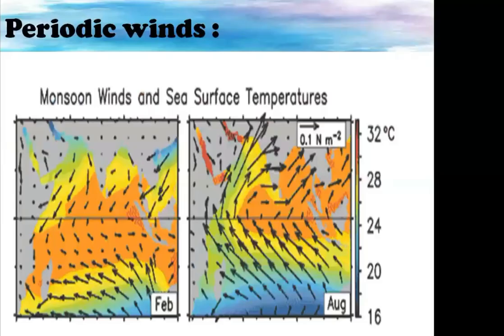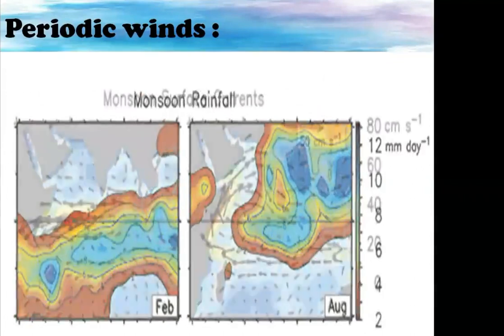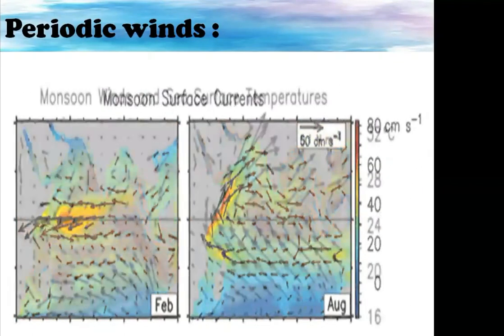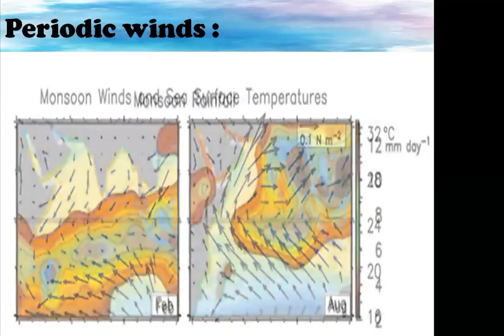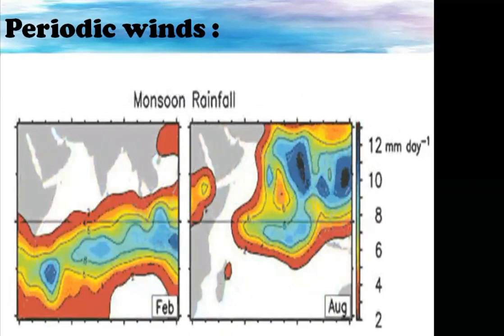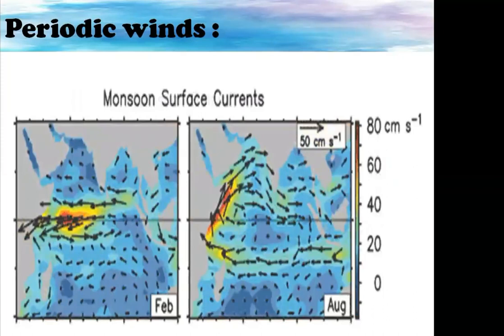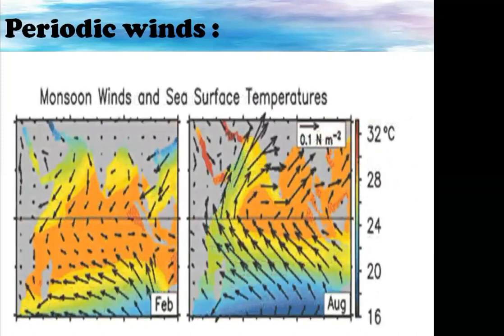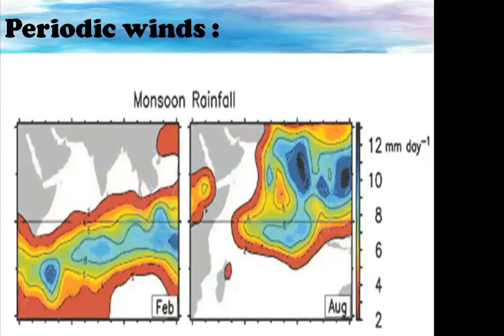Next are periodic winds, also called seasonal winds, that do not blow permanently. They are caused due to variation in temperature and atmospheric pressure. The monsoon winds are periodic winds that are caused by differential heating of the land and sea. Land and sea breezes are also periodic winds that occur due to variation in heating of land and water.